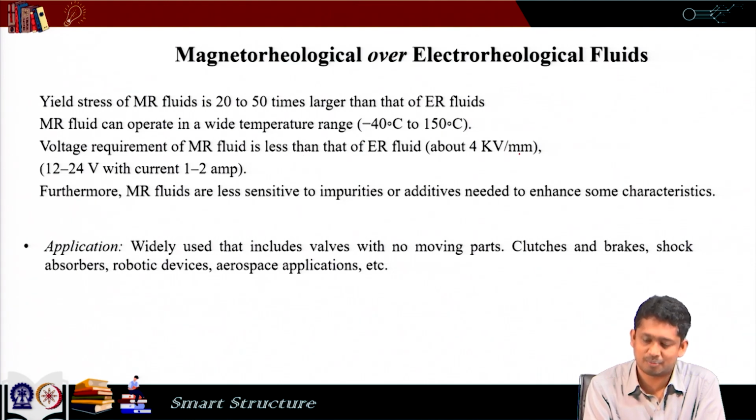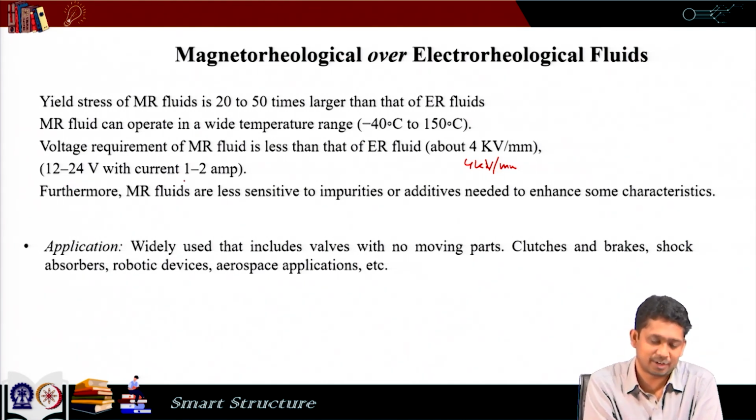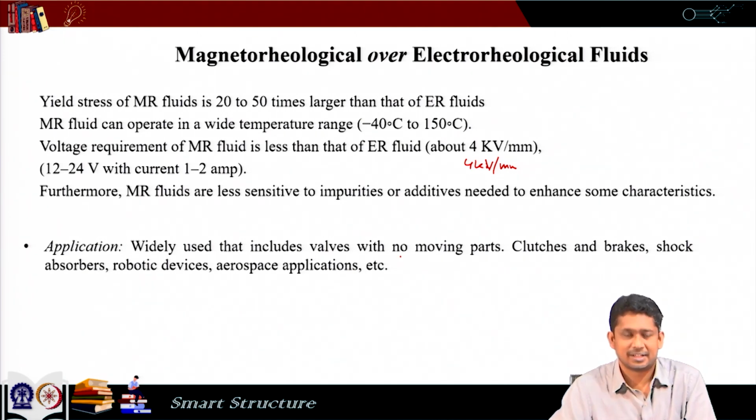ER fluids need about 4 kilovolt per millimeter, whereas MR fluids need 12 to 24 volt with a current of 1 to 2 ampere. Furthermore, MR fluids are less sensitive to impurities or additives needed to enhance some of the characteristics. Wide applications are there. This includes valves with no moving parts, clutches and brakes, shock absorbers, robotic devices, aerospace applications, and there are many other applications as well.